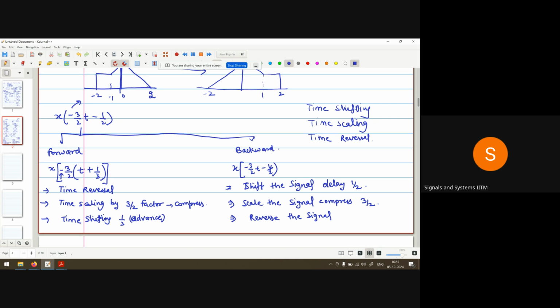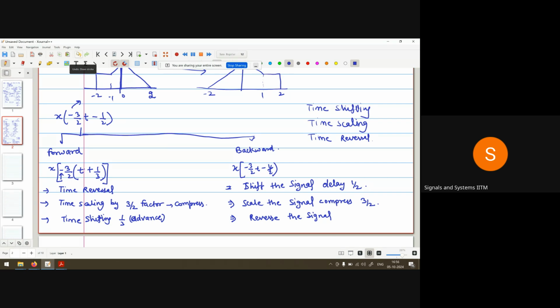If you see, the forward and backward approaches are different. In the forward method, the signal is advanced by 1/3, while in the backward method it becomes a delay by 1/2. So the complete thing is different. These two methods are important only to identify what steps we are following, either backward or forward.